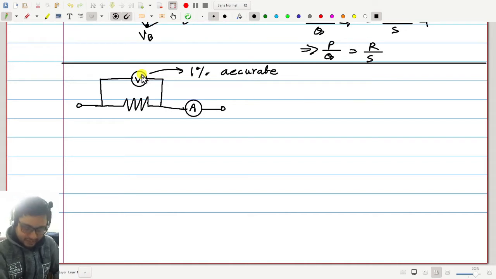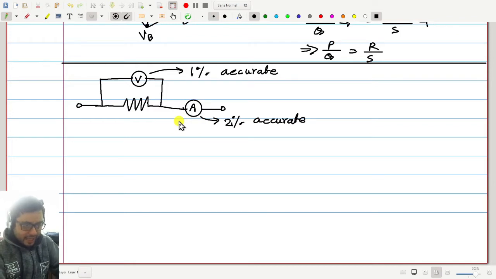That is expected. In the same way, suppose this ammeter says 2% accurate. That means if 1 ampere current is flowing, the reading will come with high probability between 0.98 and 1.02 ampere. So I am measuring the voltage with 1% inaccuracy and current with 2% inaccuracy.